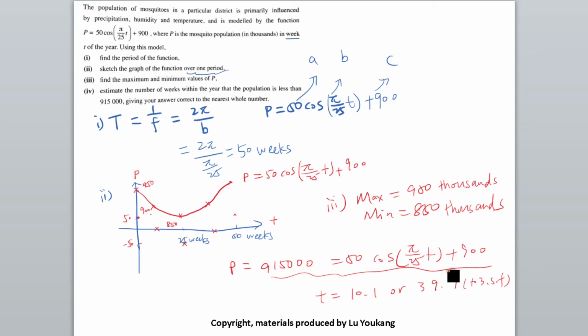And you should get t equals 10.1 or 39.9. Over here, I'm not going to go through again how to find t, but you should know how to find t from previous examples. And therefore, the number of weeks is 39.9 minus 10.1. So therefore you get 30. The number of weeks is 30 weeks.